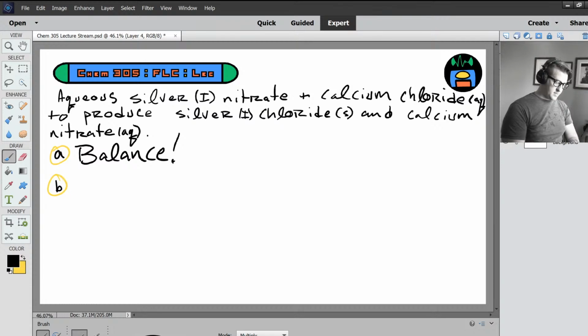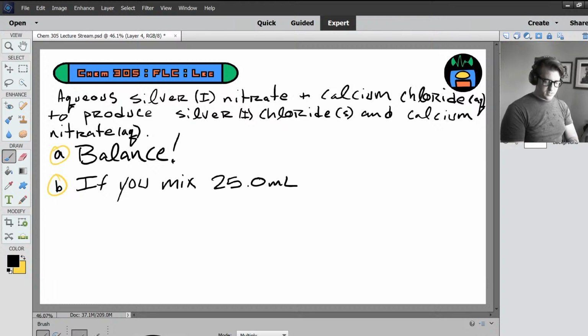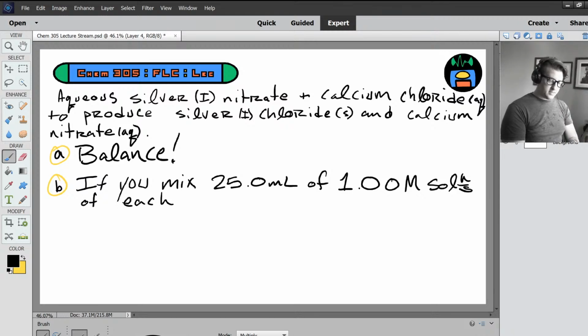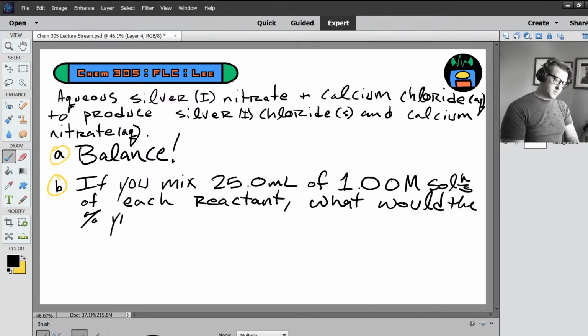Part B is, if you mix 25.0 milliliters of 1.00 molar solutions of each reactant, what would the theoretical yield of the precipitate be?